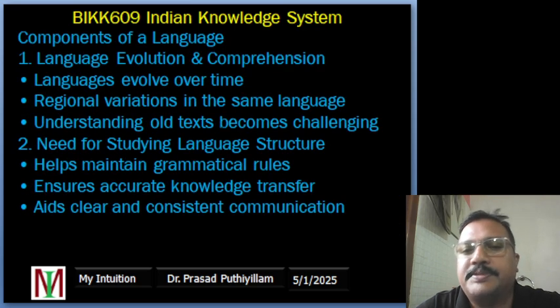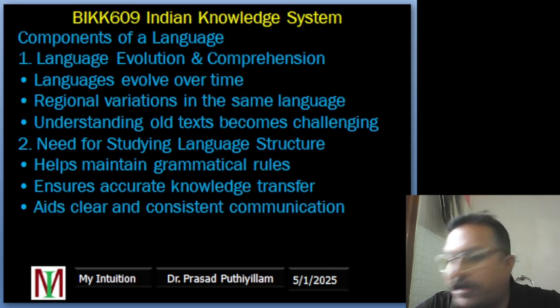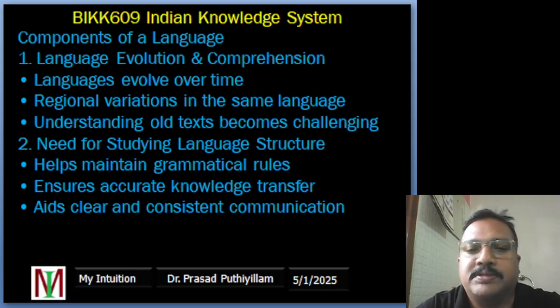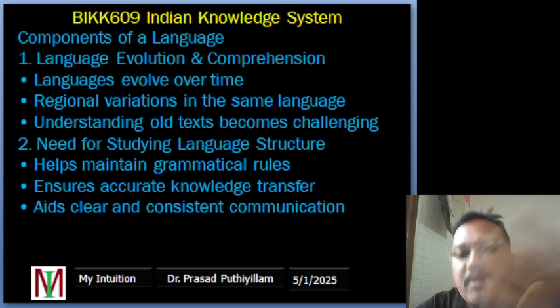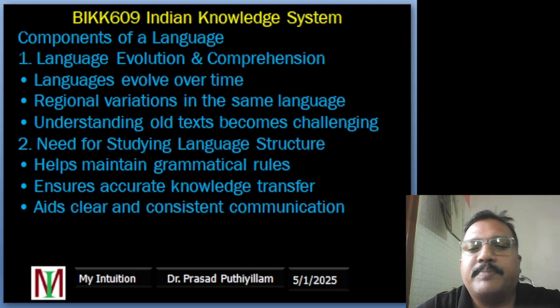Now the components of a language. What are the components present in a language, as given in the book. Language is not something which stays the same for a long time. It changes from time to time.